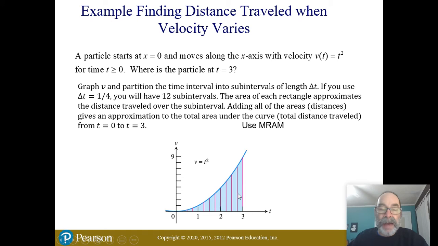Now, if you were to count up 1, 2, 3, 4, 5, 6, 7, 8, 9, 10, 11, probably 12, you can't quite tell. So we do have 12 rectangles that we would have to use to approximate this. If you want to go up to, say, 24 intervals, it makes it a harder problem, but you get a more exact answer.